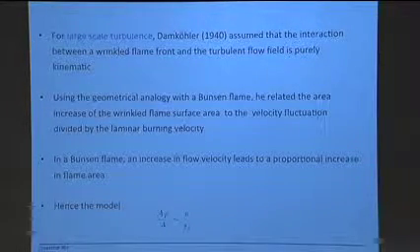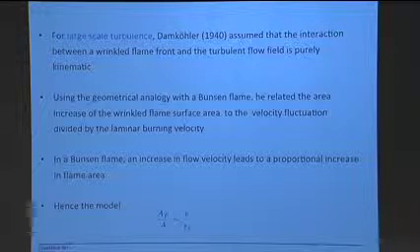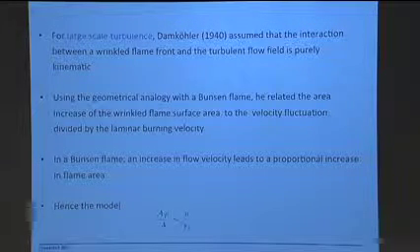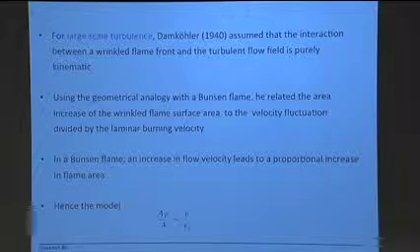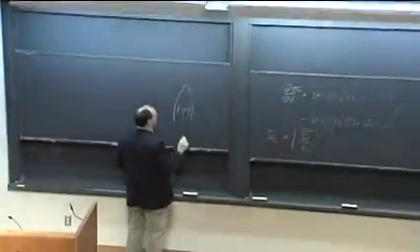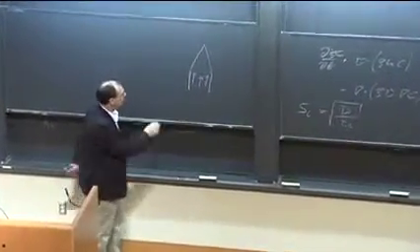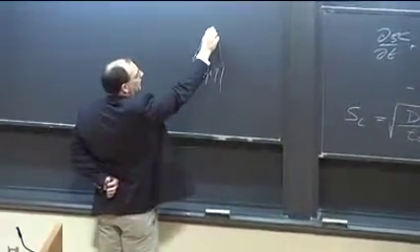And he thought, well, let's see what happens if I have a Bunsen flame. You have a nozzle here, and then you have a flow that comes out of the nozzle, and then here you have a flame that sits here like this, right? And he said, so what's the mass burning rate here again?